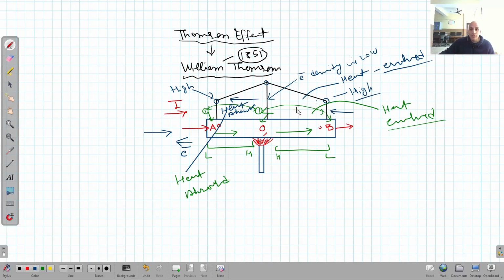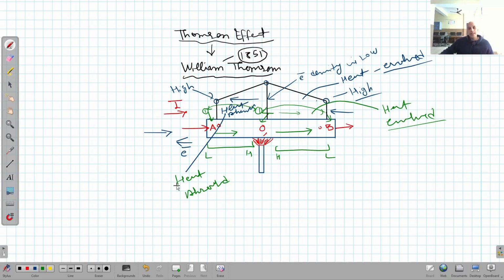So heat will come out along this side of the conductor, whereas in this side of the conductor, they are going from higher potential to lower potential, right? Now this is against their natural tendency, right? So obviously it means heat will be absorbed, right? So this is the explanation of the evolution and absorption of heat along the length of an unequally heated conductor.